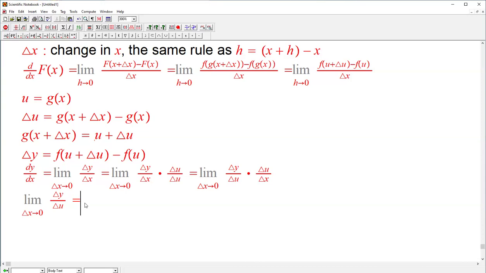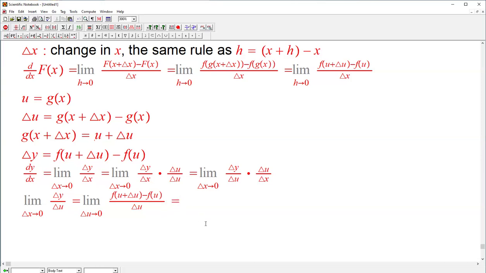Delta u is really, we can here change it to delta u approaches 0, because when delta x approaches 0, delta u approaches 0 also. And delta y is this piece. And delta u is right there.